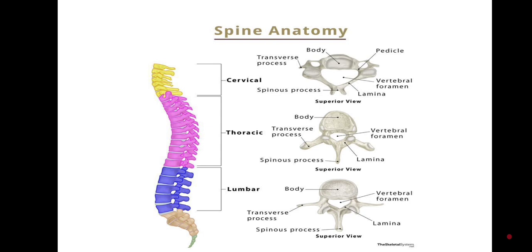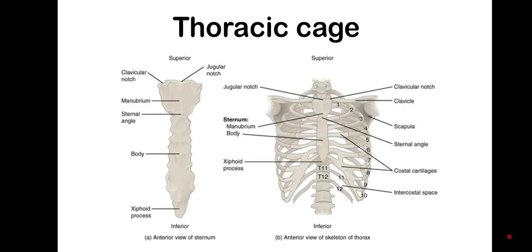Then it has a short and thick spinous process for the strong back muscle attachment, and there is a large vertebral foramen, but this is smaller than the cervical vertebra. The function of this lumbar vertebra is to provide strength, weight bearing, and flexibility of the body movements.